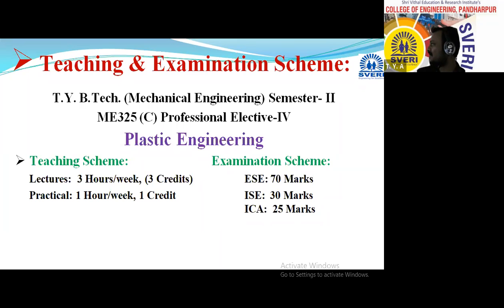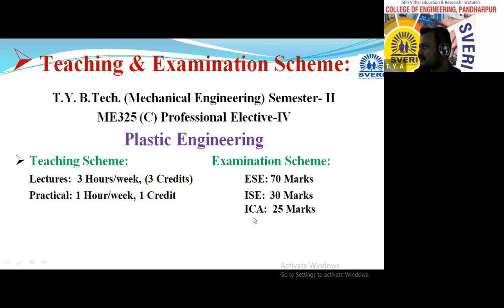Then lab tests will be included in that ICA. Are you getting this? If some extra assignment work or chapter tests or unit tests are given, the average marks will also be added in this ICA.